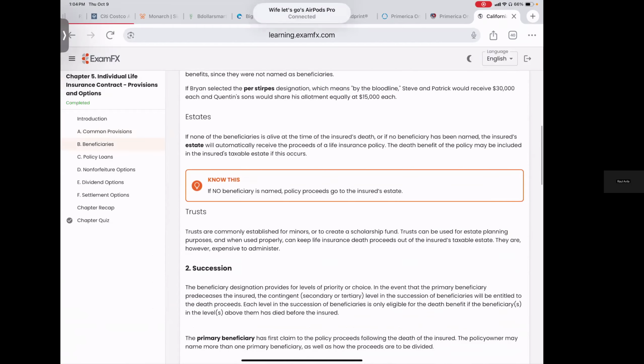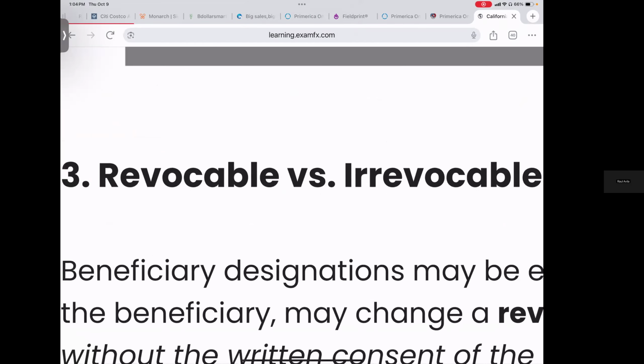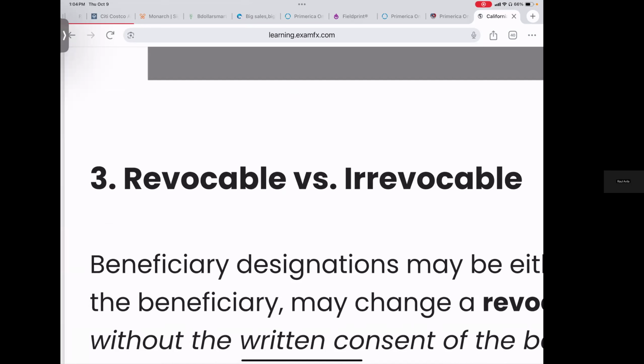Beneficiary, primary beneficiary, revocable or irrevocable. What do you remember about that? Give me an example. Revocable means you don't have to ask permission.